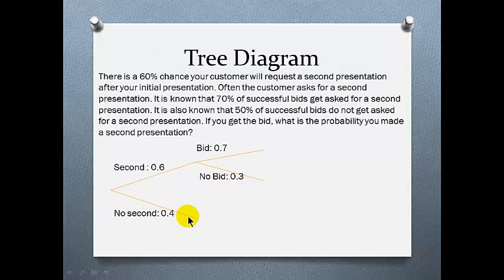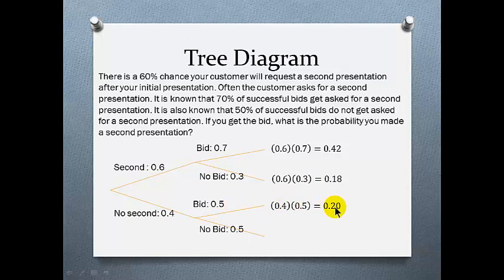Looking at those who did not make a second presentation, 50% did not get asked for a second presentation of successful bids. So got the bid, 50%, 0.5. Did not get the bid, 1 minus 0.5 is 0.5. So to calculate our probabilities, 0.6 times 0.7 is 0.42. 0.6 times 0.3 is 0.18. 0.4 times 0.5 is 0.20.